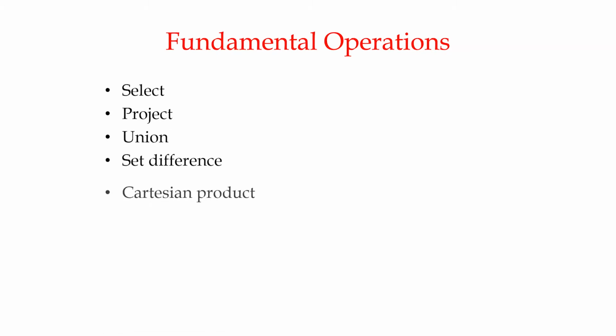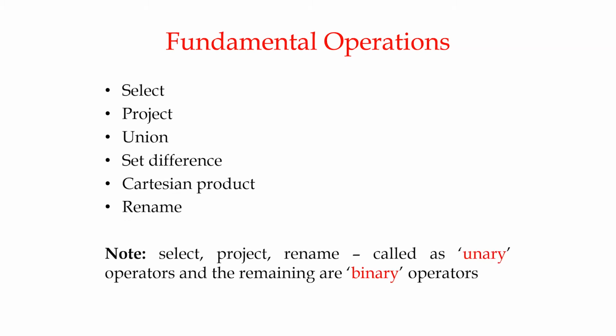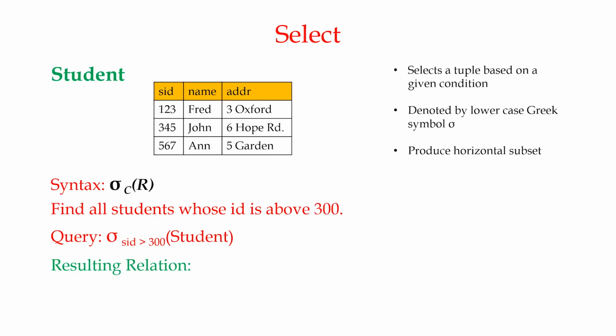The fundamental operations of relational algebra are select, project, union, set difference, Cartesian product, and rename. Among these operations, select, project and rename are unary operators, whereas union, set difference and Cartesian product are binary operators.